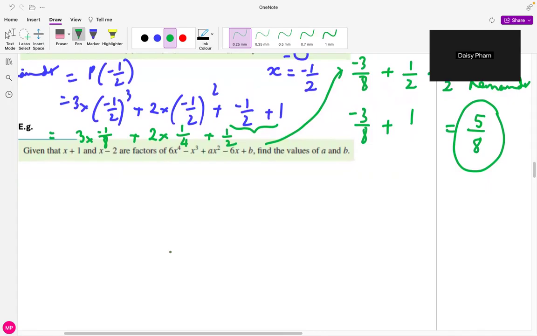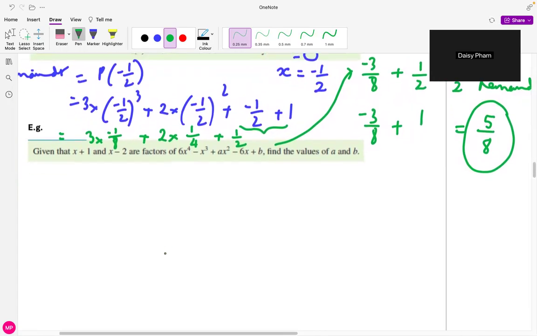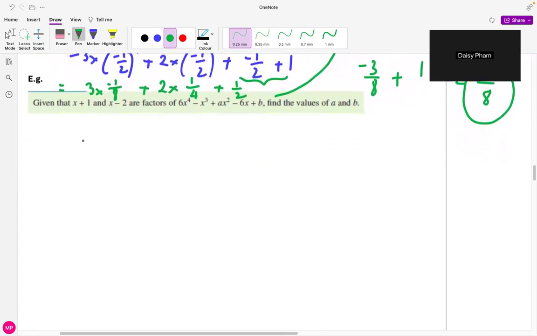All right. Then I'm going to do the same thing here. Here they're telling me that x plus 1 and x minus 2 are factors of this. Find the values of a and b. If it's a factor, the remainder is 0. So we apply the remainder theorem again, with the remainder of 0.